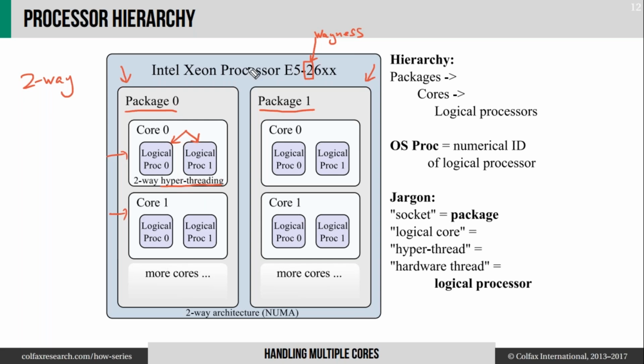What you do with this system, if you want to run a parallel program, is you run different streams of instructions on different cores or on different logical processors. With Intel architecture, typically you want either one stream of instructions per core or two, if you want to take advantage of hyperthreading.